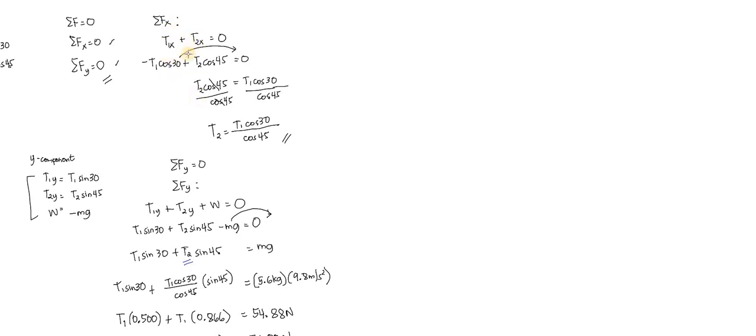So that's T1 sub x plus T2 sub x equal to 0. Then we substitute, and because this is negative, we just transpose it to the other side, or we can say that we add T1 cosine 30 on both sides of the equation. So we're able to get T2 is equal to T1 cosine 30 over cosine 45.